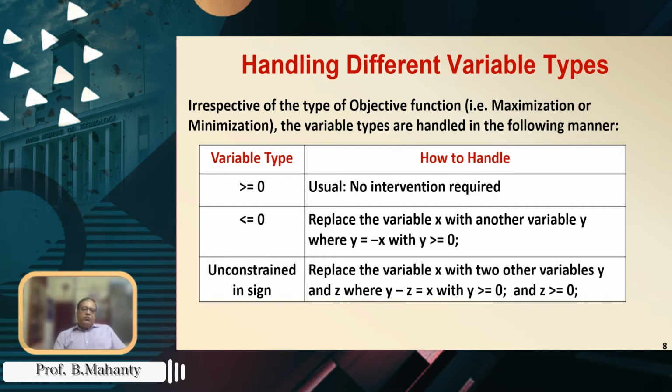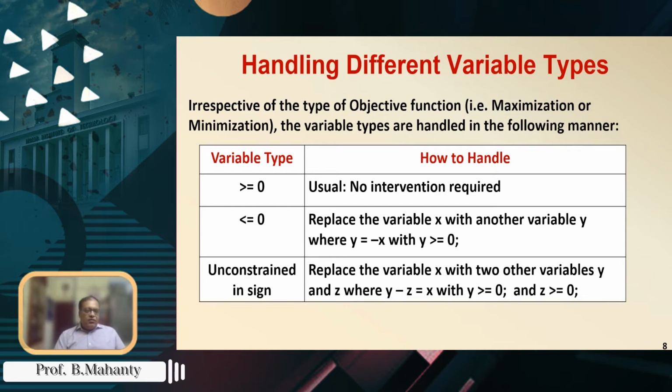So if you take two variables y and z which are both greater than equal to 0, their difference could be positive, could be negative, could be 0. Is it all right? So depending on the values of y and z, if you make the substitution, that is y minus z equal to x, then we can handle the situation that is unrestricted in sign.